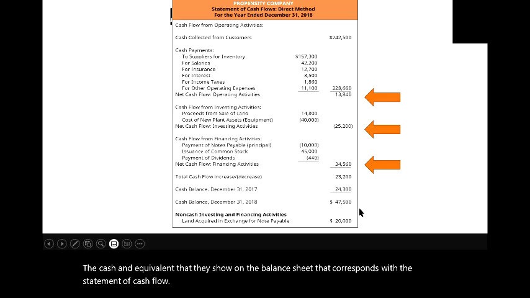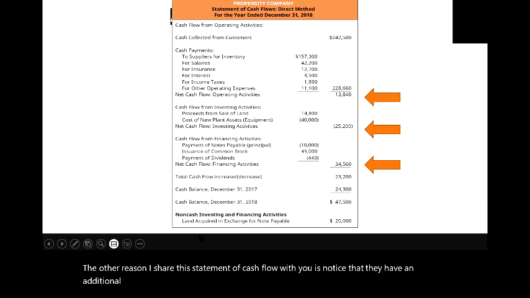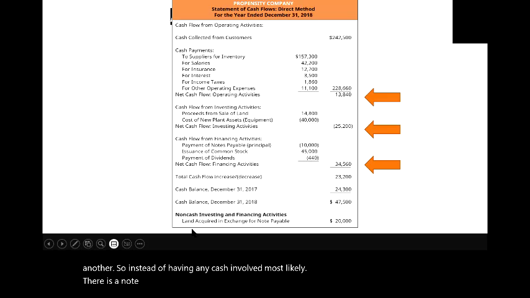The other reason I share this statement of cash flow with you is notice that they have an additional line item here. This is for non-cash activities. In this case, they exchange one item for another. So instead of having any cash involved, most likely there's a note payable, and what they did was they exchanged it for land.